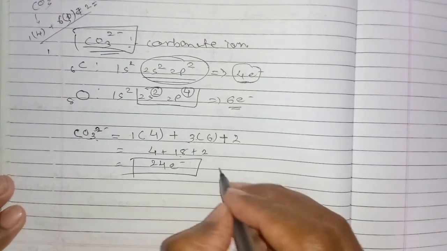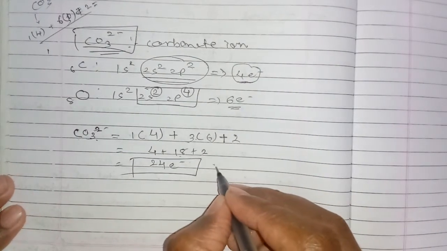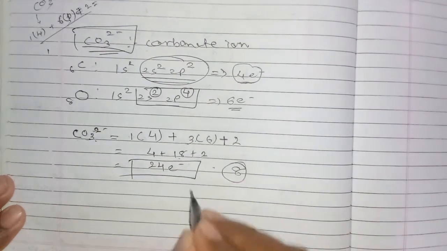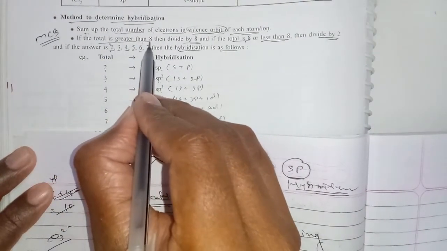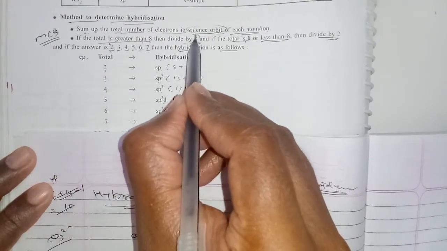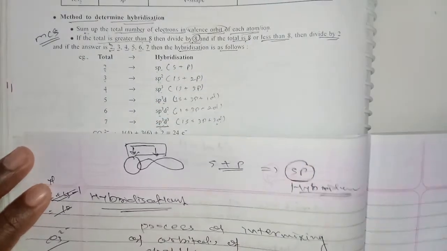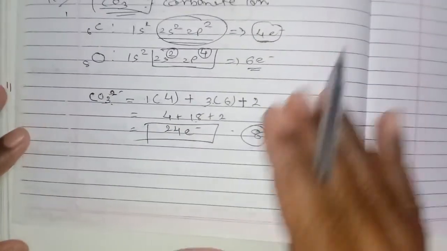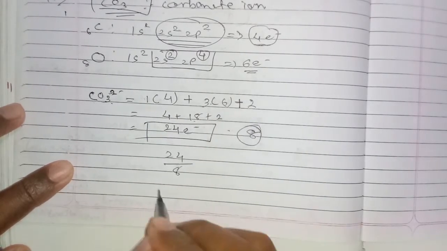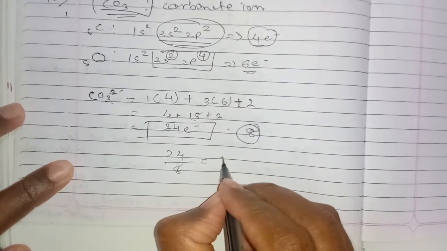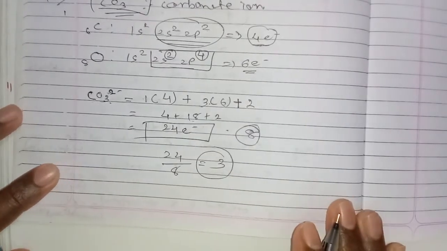This is higher than 8, so we divide by 8. Our answer is 24 divided by 8, which is 3.